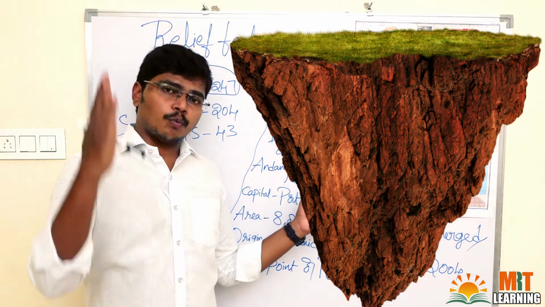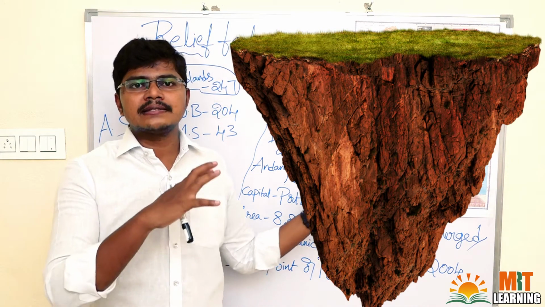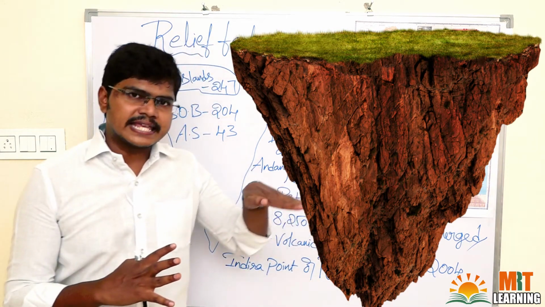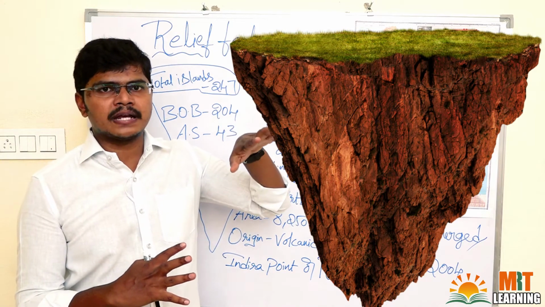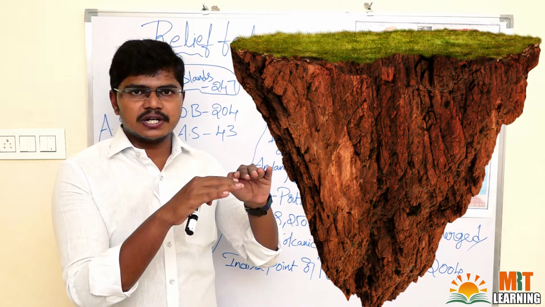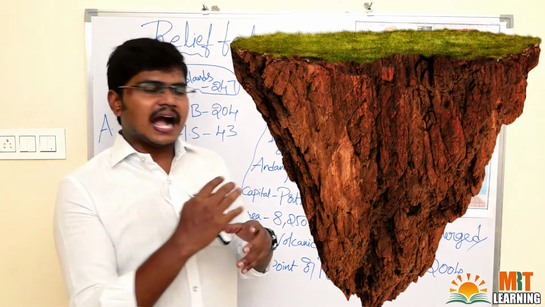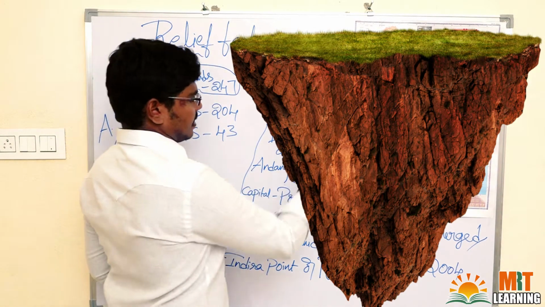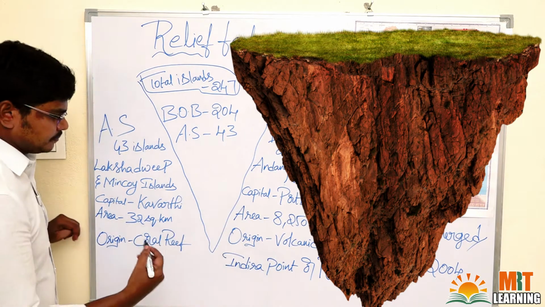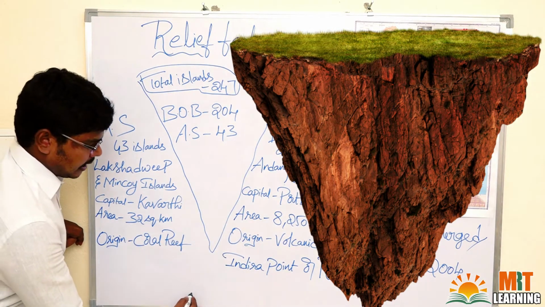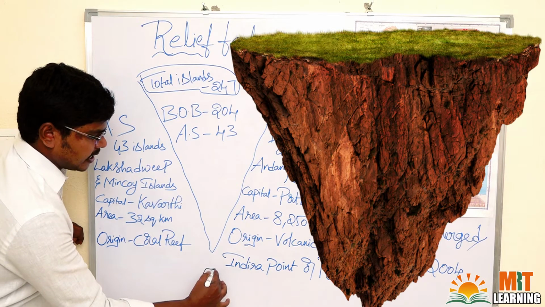Islands are, once upon a time, hills and mountains. Because of the rising level of the sea, what happens? The mountains are submerged and the topmost layer is what we are seeing now as islands. I will show an example. Here I am drawing. Example one, a mountain I am taking.